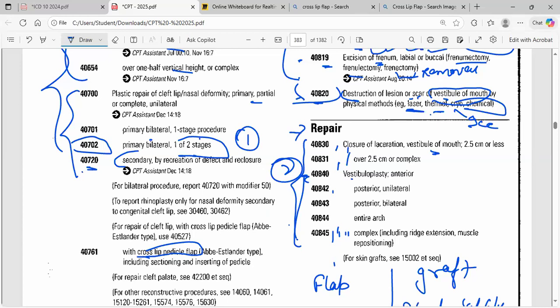These codes are based on the anterior, posterior, and posterior bilateral. If the incision is made in the front area, that is anterior. If it is performed on the back area, that is posterior. So these codes are based on the approach, whether it's anterior, posterior, unilateral, or bilateral.